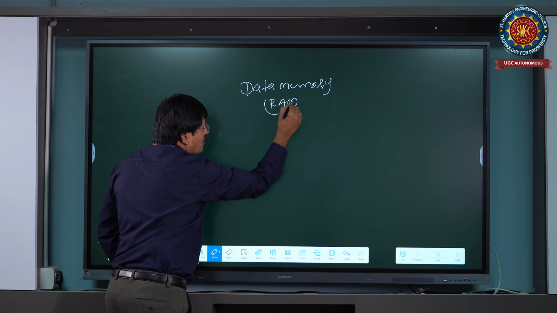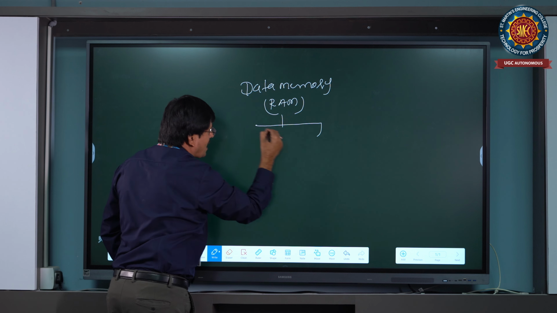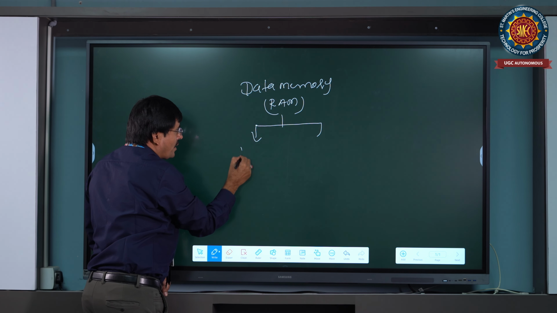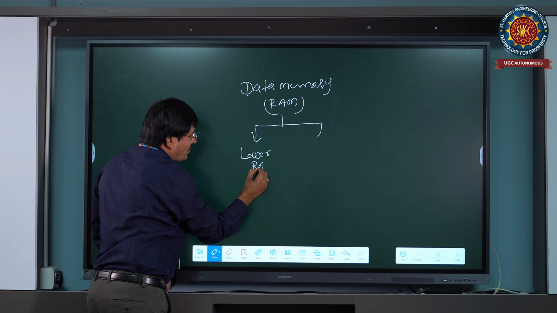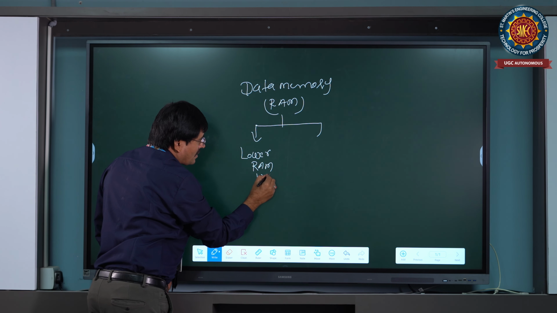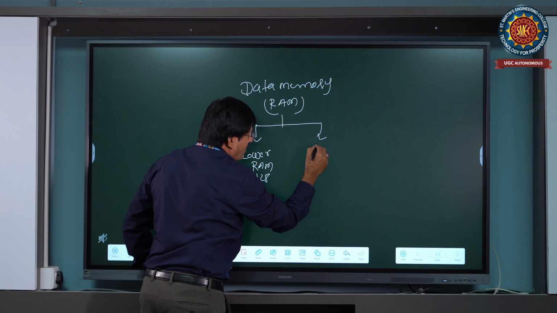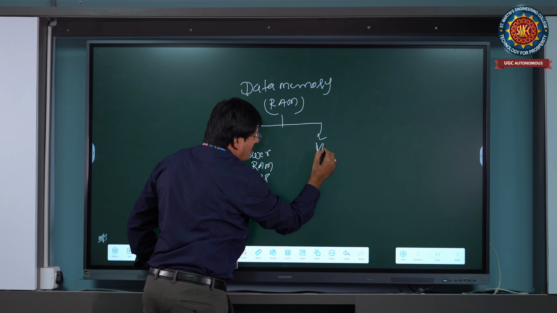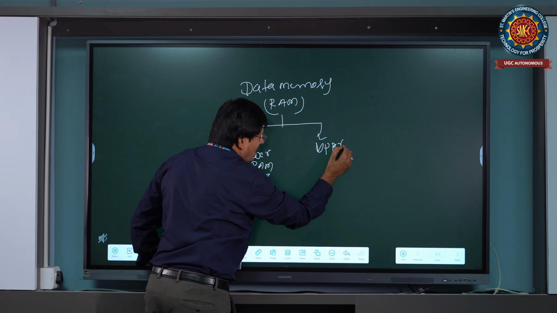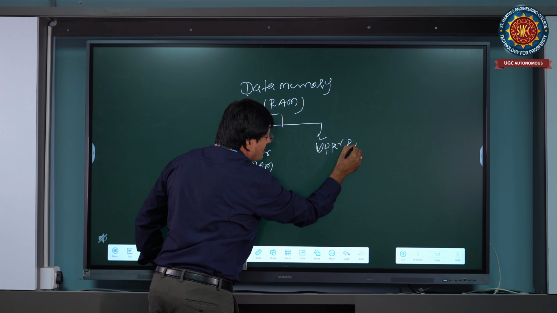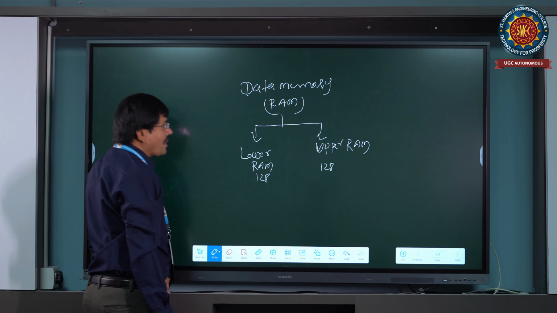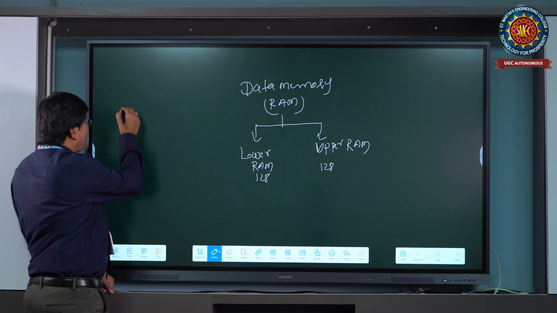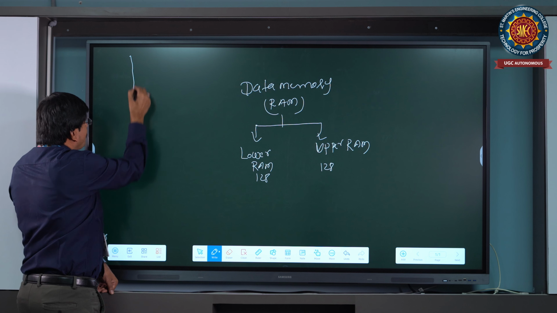In this microcontroller, two RAMs are available: the lower RAM, 128 bytes, and the upper RAM, also 128 bytes. So, 128 bytes each of lower and upper RAM.